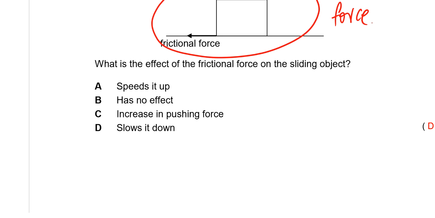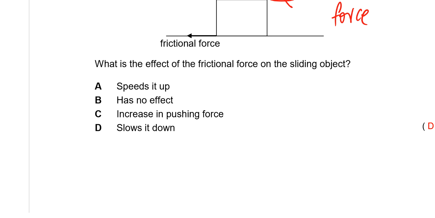Sliding? No. How many forces do you see in this diagram? What are the two? Frictional force is one. What else do you see? Motion? What motion? Are you referring to this arrow? No, this is not a force. This is just telling you it is sliding towards the right. That is not a force.